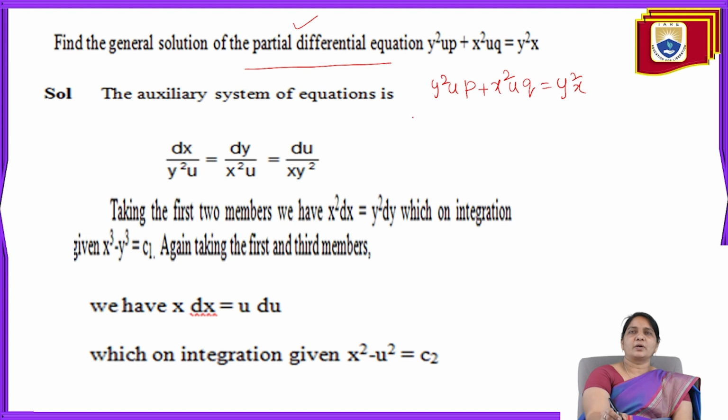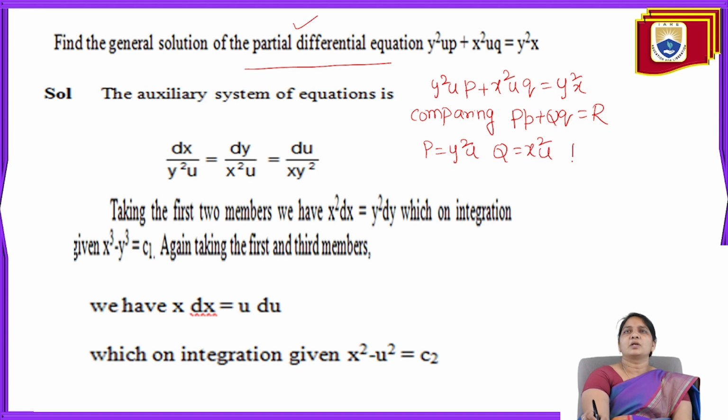So first we are comparing this equation with the Lagrange's equation, capital P into small p plus capital Q into small q equal to R. What is the capital P value? That is y square u. Capital Q is x square u. Capital R is x y square. These are our P, Q, R.